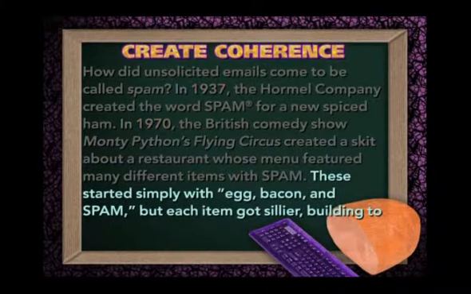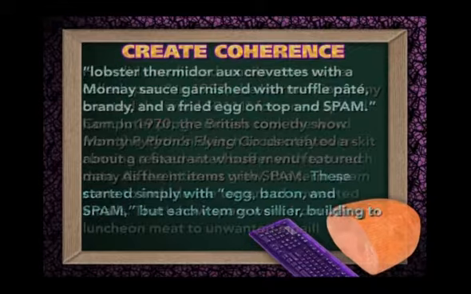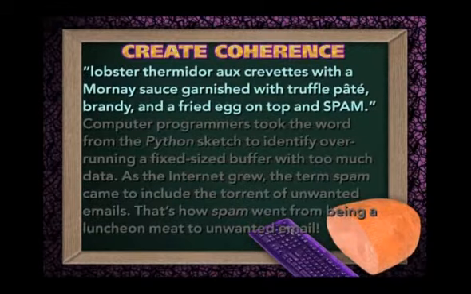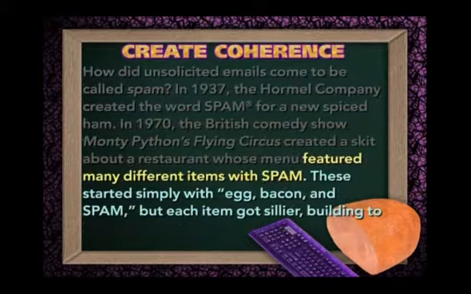Continuing, these started simply with egg, bacon, and spam, but each item got sillier, building to lobster thermidor au crevette with a Mornay sauce garnished with truffle pâté, brandy, and a fried egg on top, and spam. Well, this makes sense because this example directly follows the phrase featured many different items with spam.